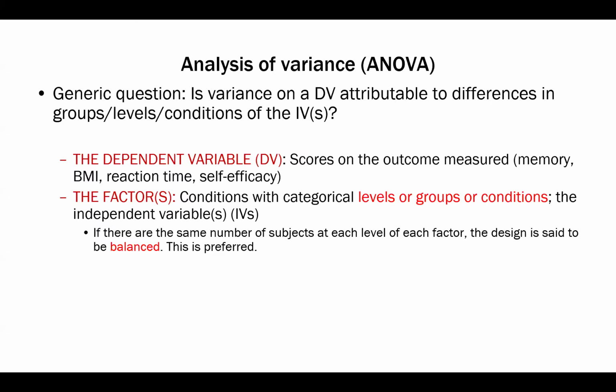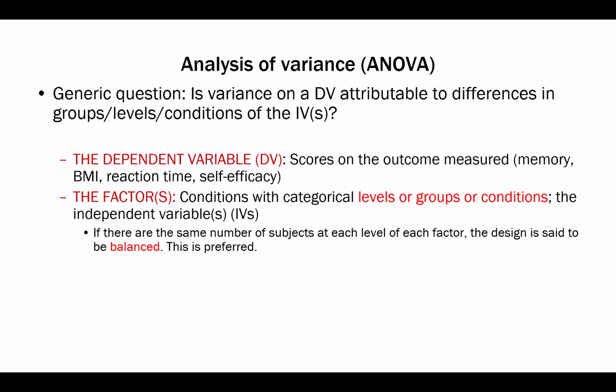So the omnibus test answers the generic question, is variance on a dependent variable attributed to differences in groups, levels, conditions of an independent variable? The dependent variable, or DV, are scores on the outcome that we have measured. Could be memory, could be reaction time, self-efficacy, survey scores, whatever.